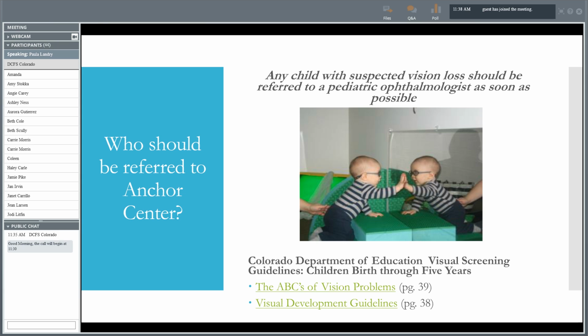As far as the visual development guidelines, there is a checklist, and it's pretty straightforward. As with all development, vision is on a developmental continuum as well. There are certain things we want to see children doing visually at certain age levels, and that's all put on this checklist.